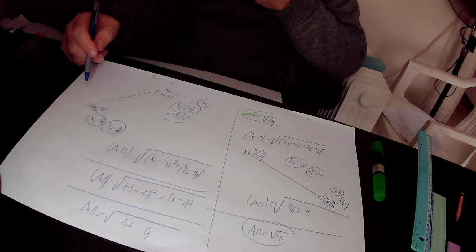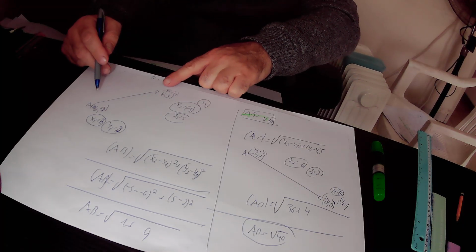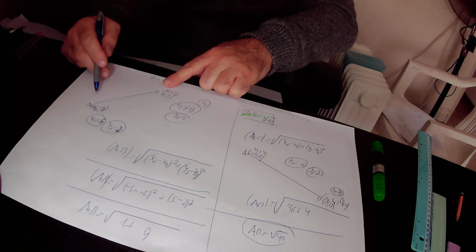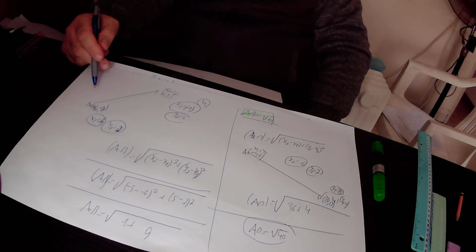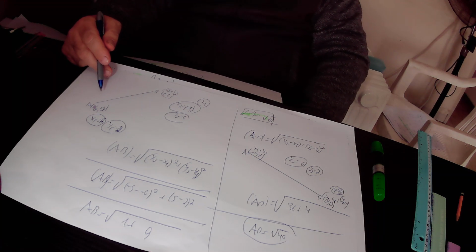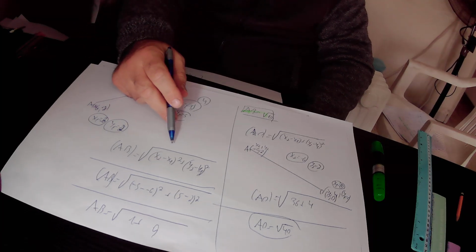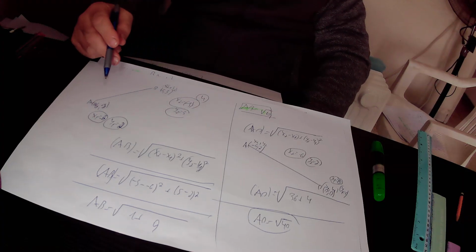And we use the new formula to find the distance between points A and B. The distance between points A and B is also the length of line segment AB. According to the formula, AB equals the square root of x2 minus x1 square plus y2 minus y1 square.